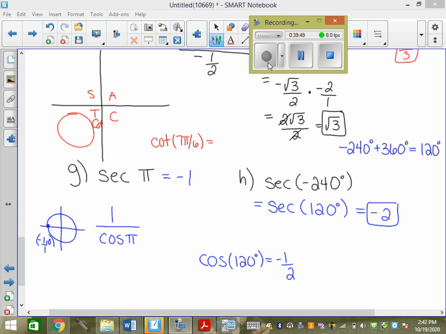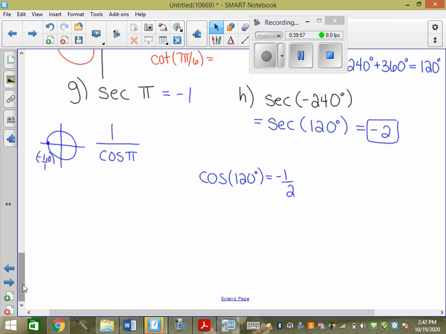Okay. I. Cotan of negative 120 degrees. J, cos of 390 degrees.